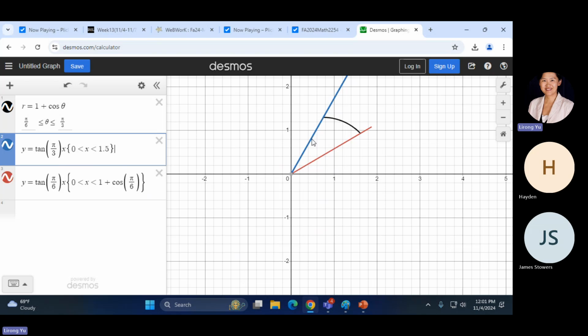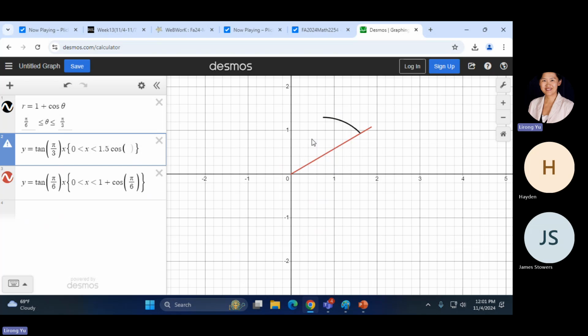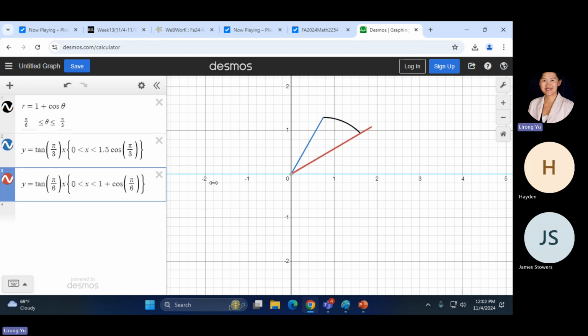Oh, it's the R, it's not the X. The X value is this. So we want to put the X value up. We have to take the R and multiply by the cosine of the angle; that is where the X value is supposed to be. Same thing over here.